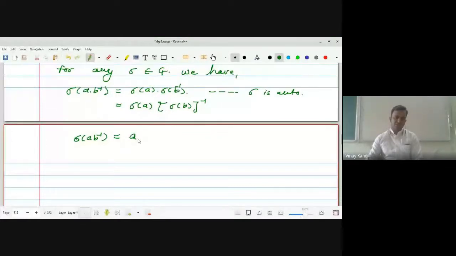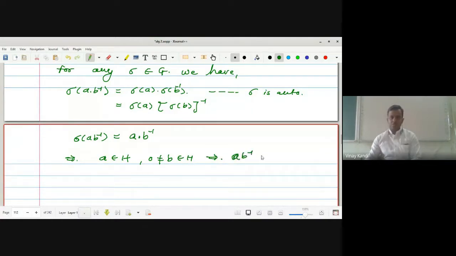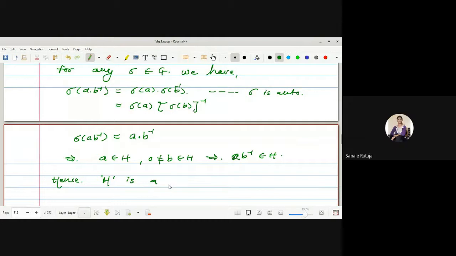So this implies A belongs to H. Non-zero B belongs to H. This implies A B inverse belongs to H. Hence, H, capital H, is a subfield of K. Field.